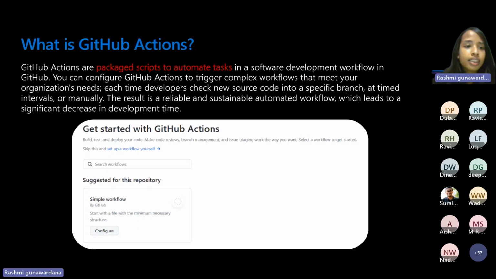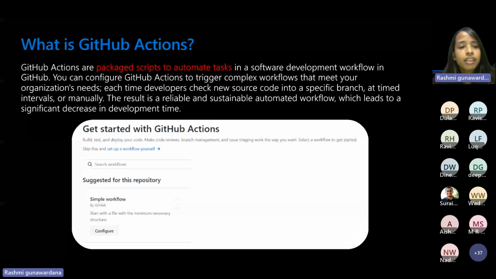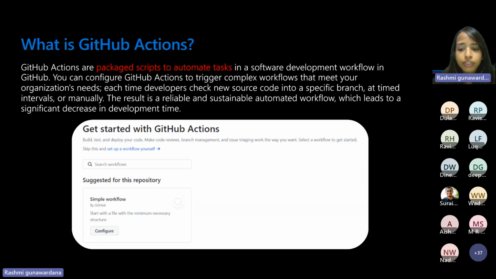The GitHub Actions feature was introduced in 2018 as a powerful automation tool, a CI/CD tool within the GitHub ecosystem. It provides developers with the ability to define custom workflows, automate tasks, and streamline their development processes directly within GitHub repositories.